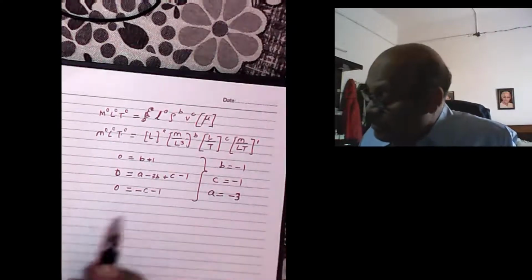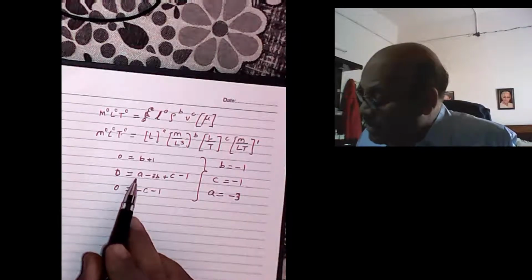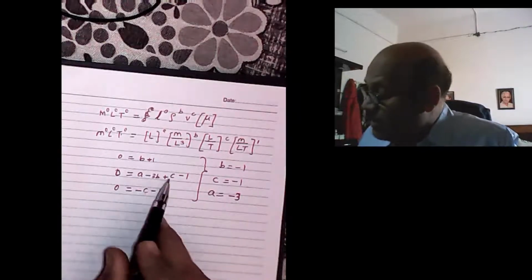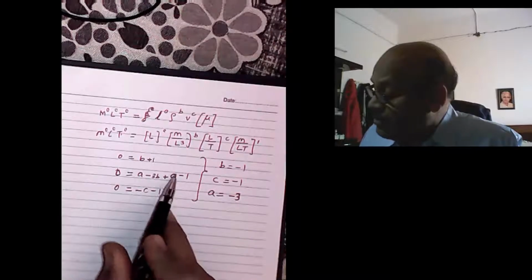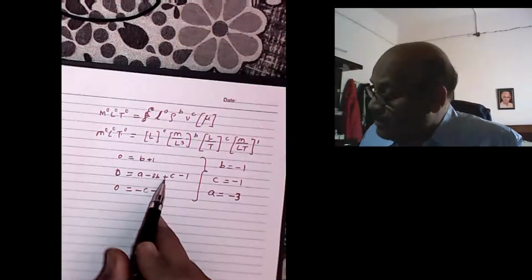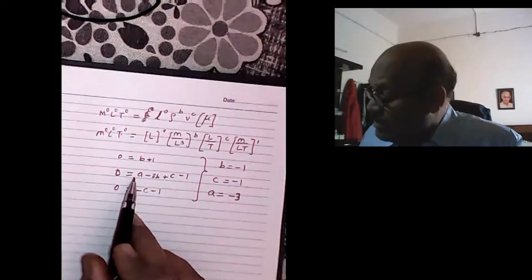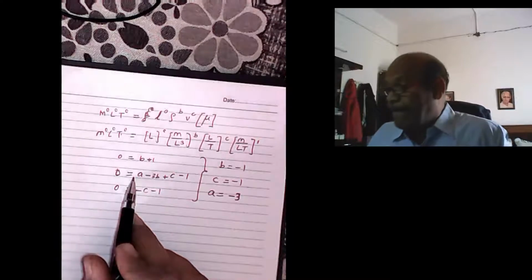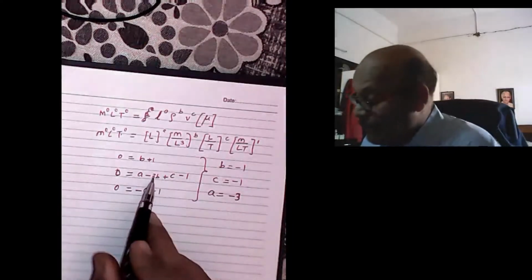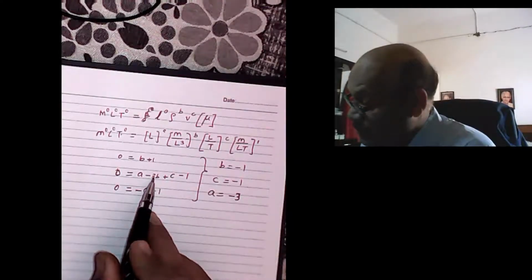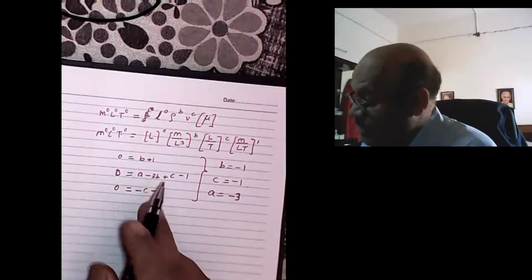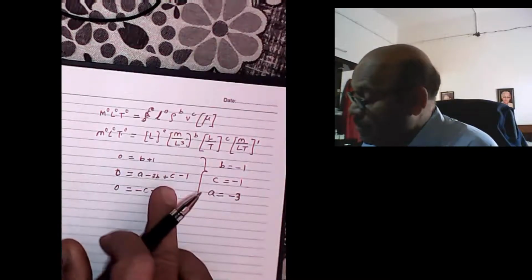Okay, so minus 3 plus 3, this cancels, minus 1, c is minus 1, this is minus 3, plus 3, minus c plus it cancels, c equal to minus 1.